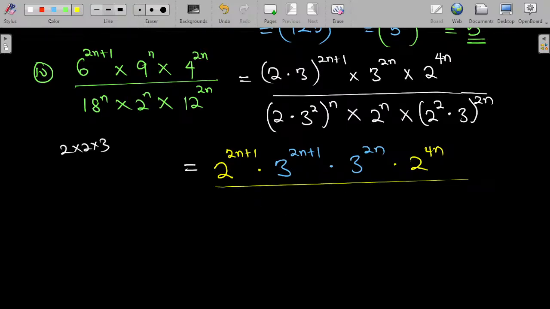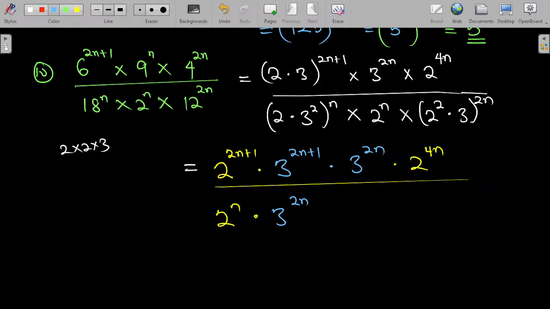You will do the same thing below. Starting from 2, n will come on them, so I'll have 2 to the power of n, and then 3. I'll have 3 to the power of, there's already power 2 here, so it will multiply the n to give you 2n.